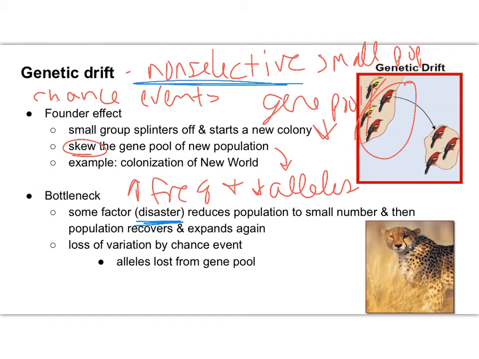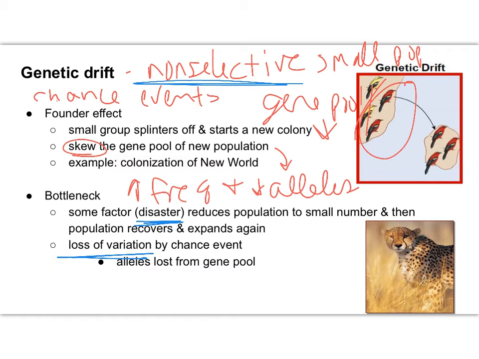Okay? So some factor, usually a disaster, reduces the population to a small number. Very quickly the population gets reduced to a small number, and then the population will recover and expand again.